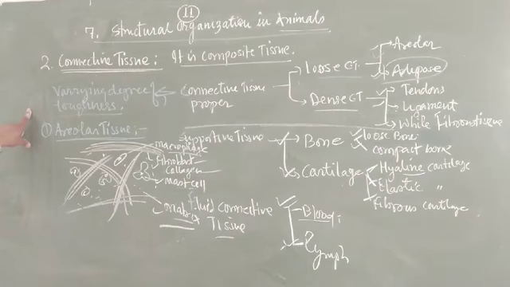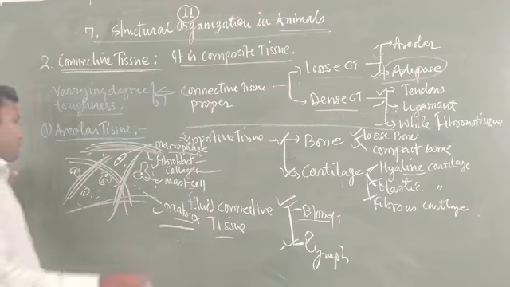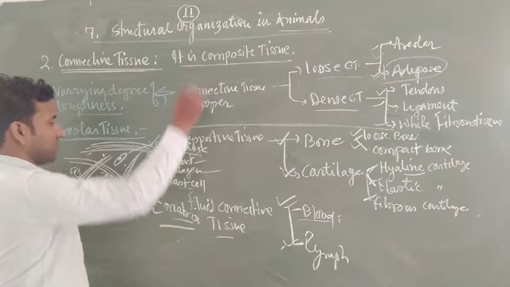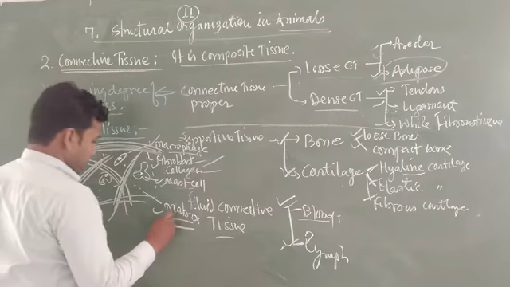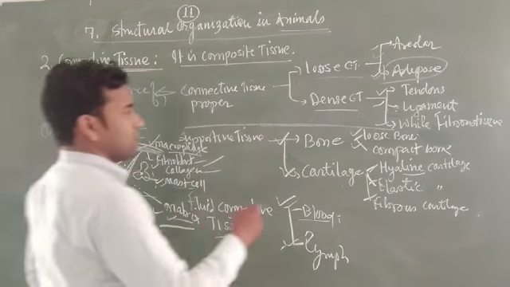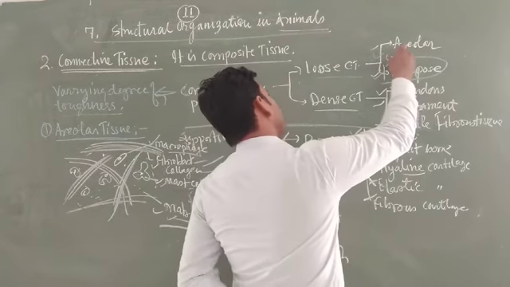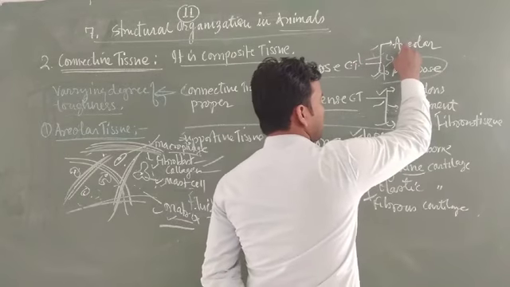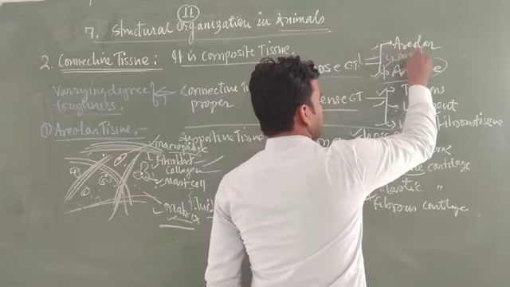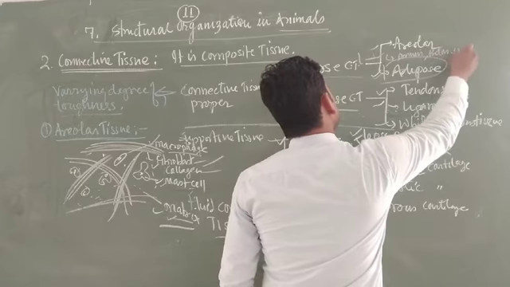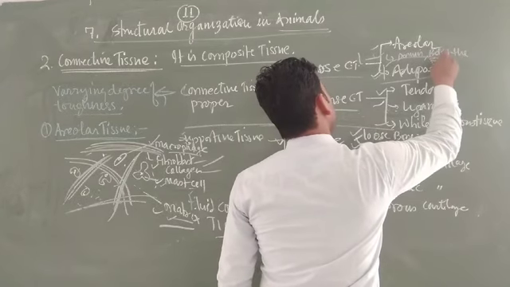In this matrix various kinds of cells as well as fibers are embedded. You can see here the various cells like mast cells and macrophages, as well as fibers and matrix. Now, about the location, areolar tissue is found below the epidermis, in the dermis region.